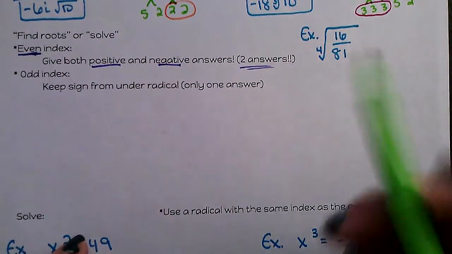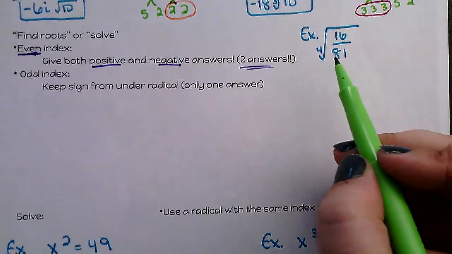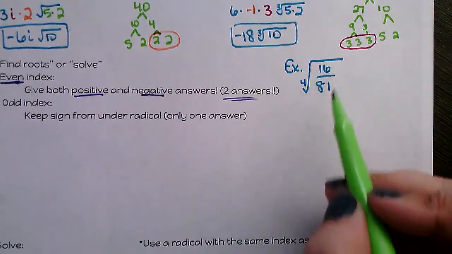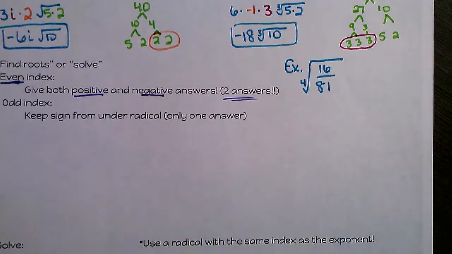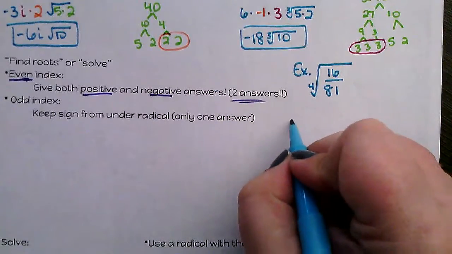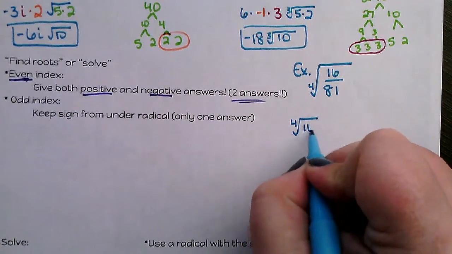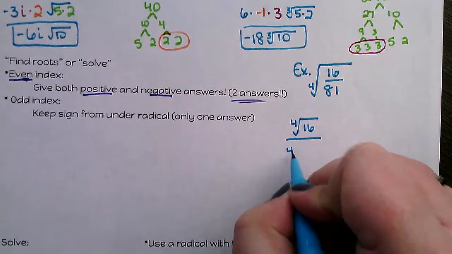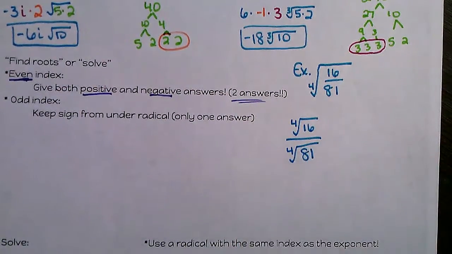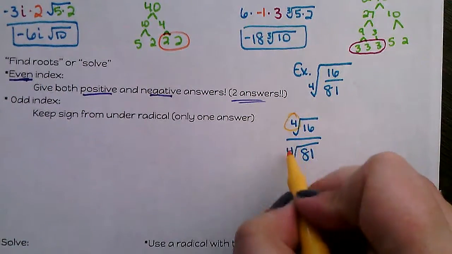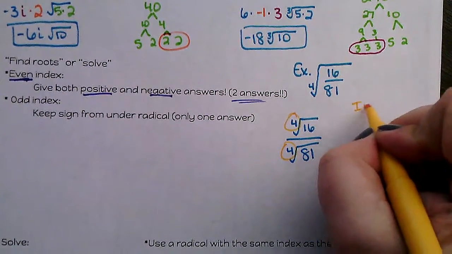So in this one, I need to do the 4th root of 16 over 81. So what we can do is split this to be the 4th root of 16 divided by the 4th root of 81. First thing we do is look for our index.